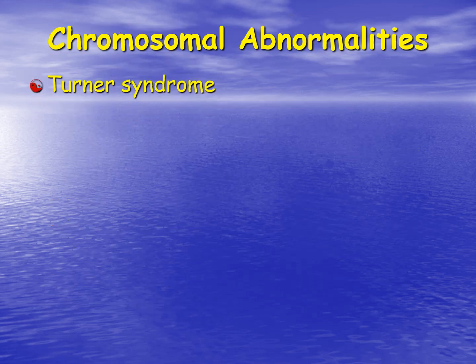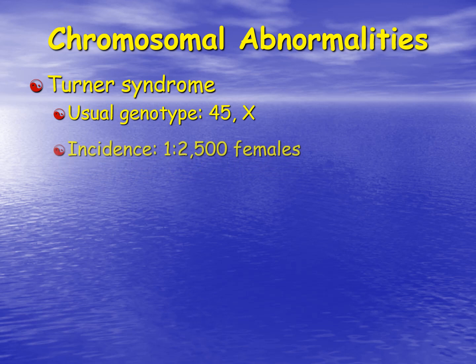So Turner syndrome. This is a situation where we have XO, and the O simply means there's no other chromosome in the pair. So we have a 45,XO. This is actually the only monosomy that we see in humans that is survivable.